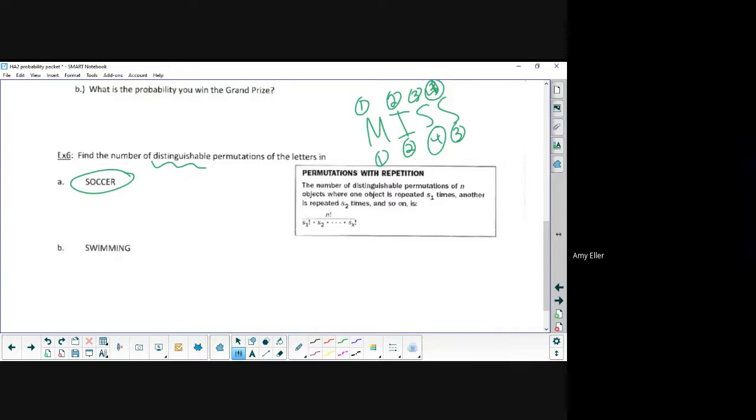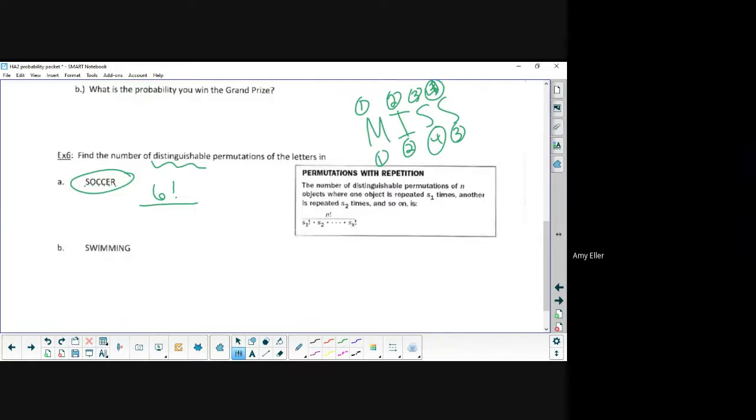So I have those letters. How many different ways can I arrange those letters? Here's how you do it. The top is how many total letters you have. 1, 2, 3, 4, 5, 6. The bottom, we worry about our repetition.